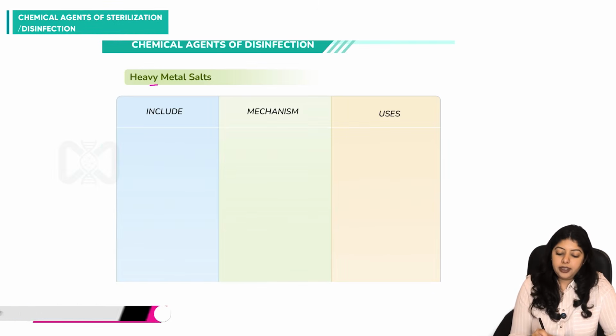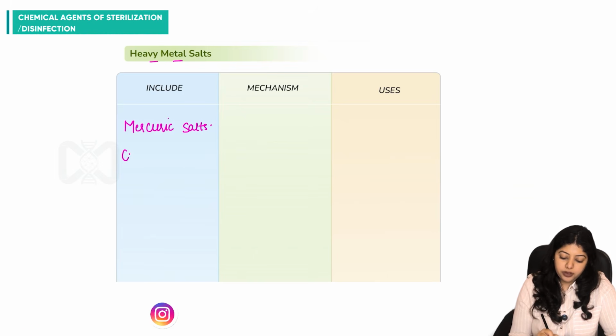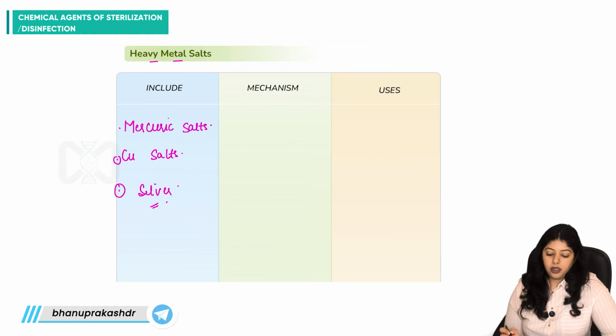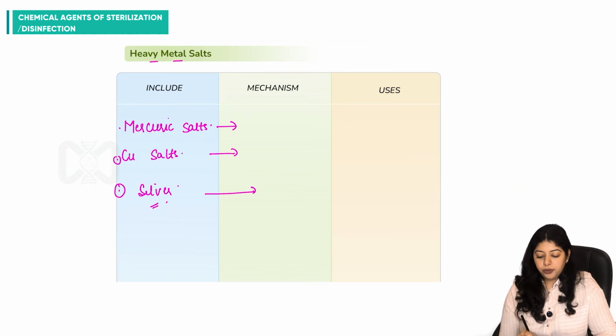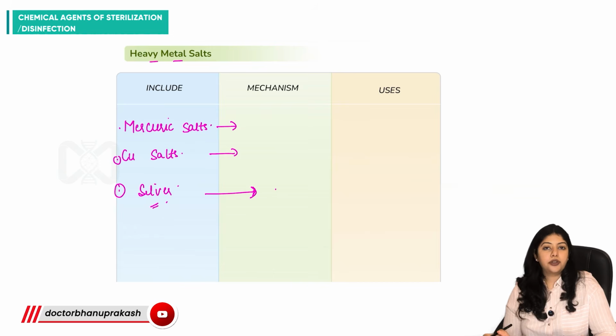So let us discuss a little bit about the heavy metal salts, which include the mercuric salts, copper salts, silver agents. The major role of these salts is that they are going to combine with certain cell components and metallic components, and then they are going to disrupt, right?